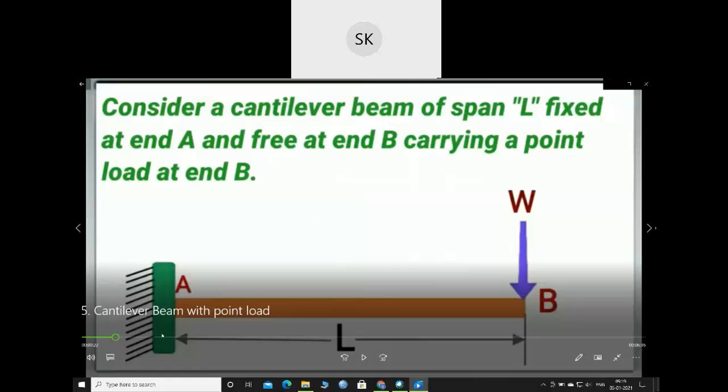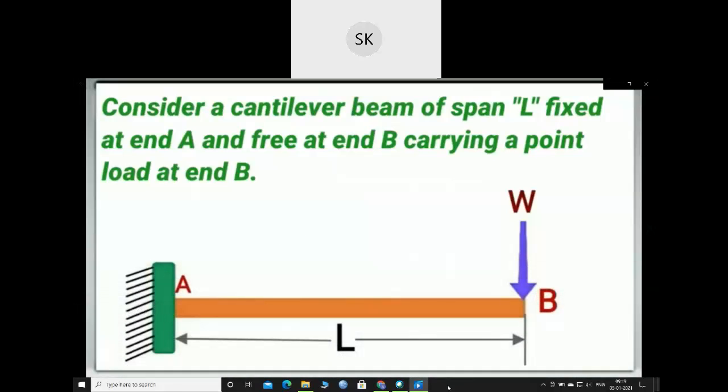This is a cantilever beam of span L and a load W applied at the free end. We'll see how to draw the shear force diagram and bending moment diagram for this kind of beam.